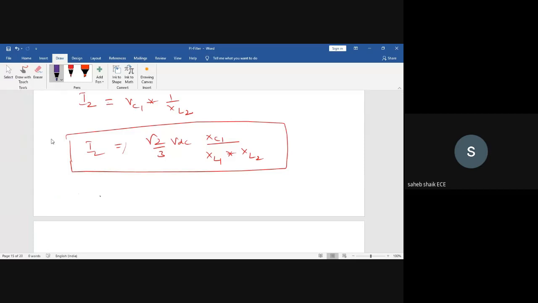Next is again VRMS dash, that is nothing but VC2, the voltage across C2.